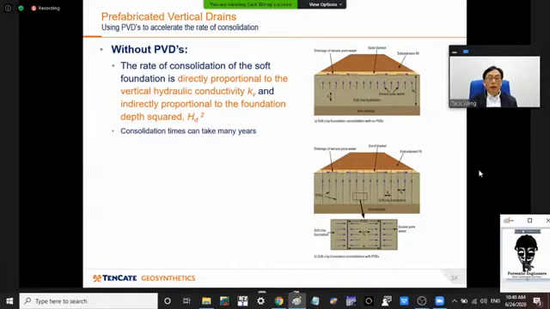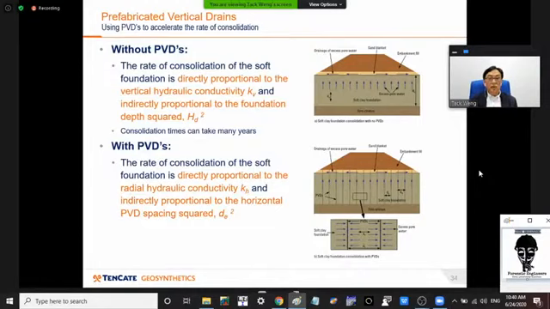When you don't have PVDs, the flow is in a vertical direction. And depending on how permeable or impermeable the soil is, and how thick that soil layer is, that will determine how long it takes. And consolidation time can take many years.